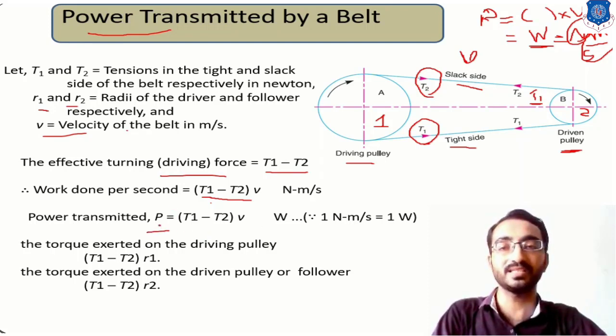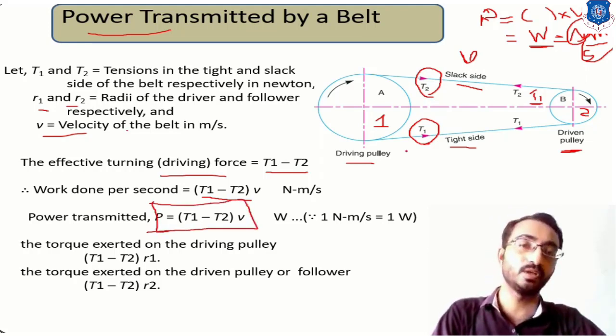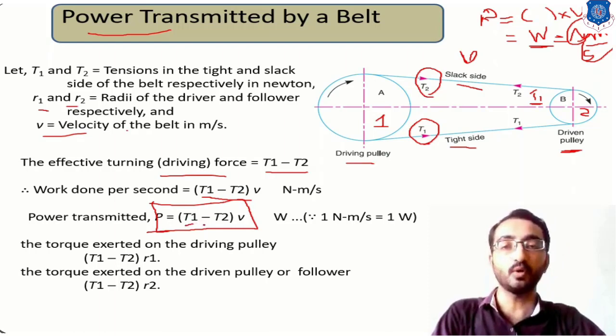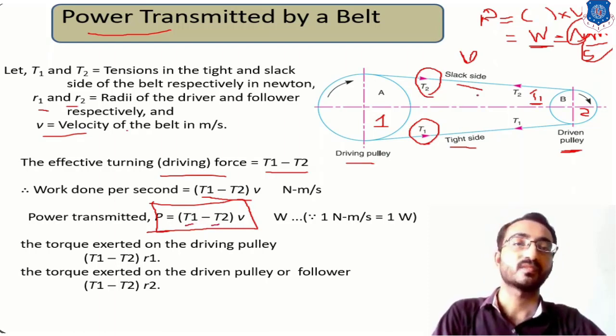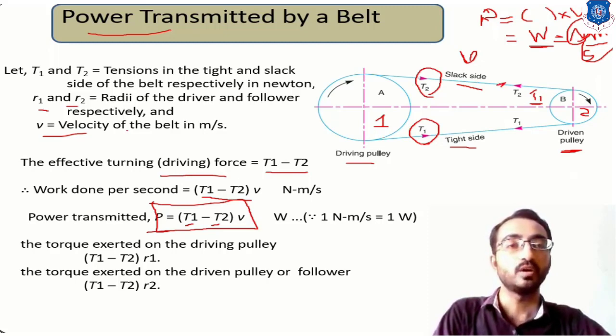So the power transmitted from the driving pulley to the driven pulley depends totally upon the belt tensions. How much difference between tight side and slack side belt tension we can accommodate in any belt drive gives us the amount of power that we can transmit with the help of that belt drive.